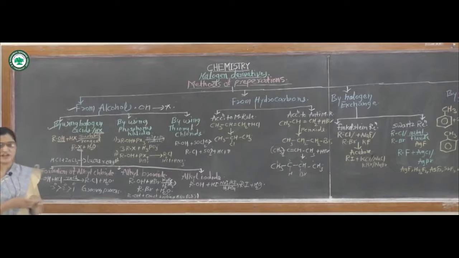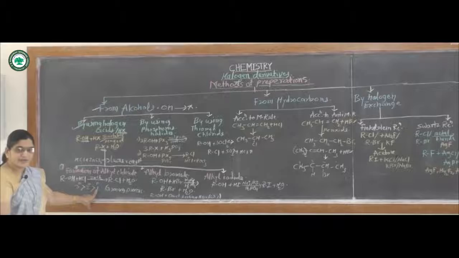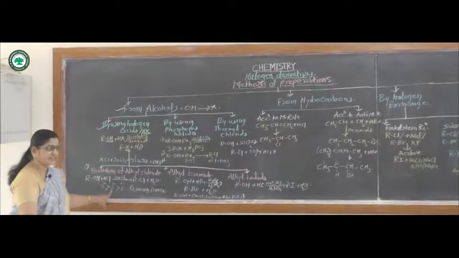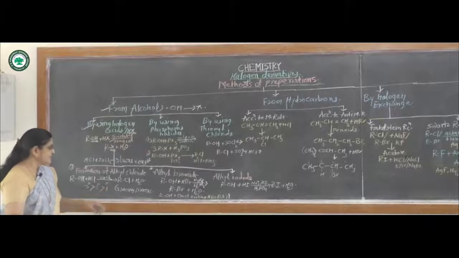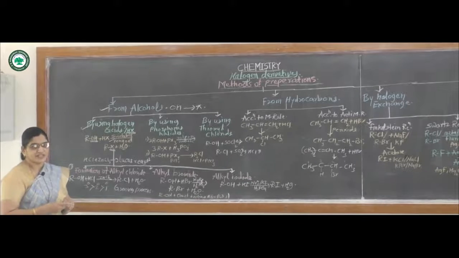But tertiary alcohol reacts with HCl alone and gives tertiary alkyl halides. Hence, the order of reactivity of alcohols is tertiary greater than secondary greater than primary, or third degree greater than second degree greater than first degree. This method is called Groves process.